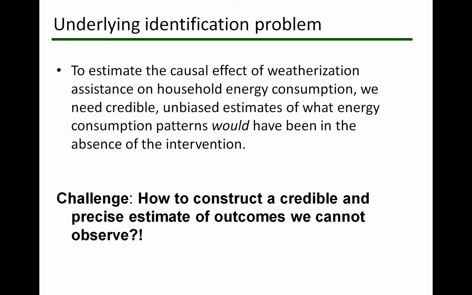So simply looking at consumption and expenditures over time at participating households and comparing those patterns to even observationally similar non-participants, you might worry that you're picking up not only the effect of weatherization, but also other factors that have to do with the fact that these households are just different types of households. So that's the basic challenge we're trying to tackle here, and that's why we elected to pursue an experimental research design. Next slide.